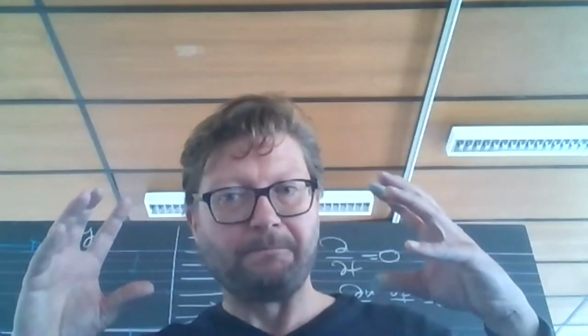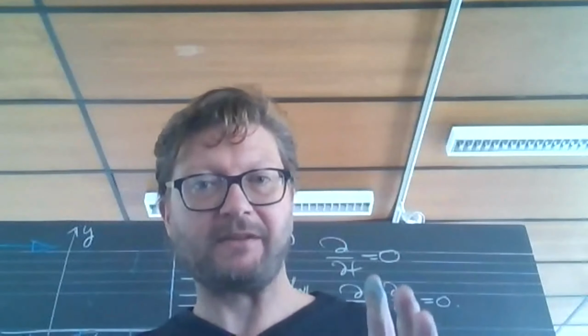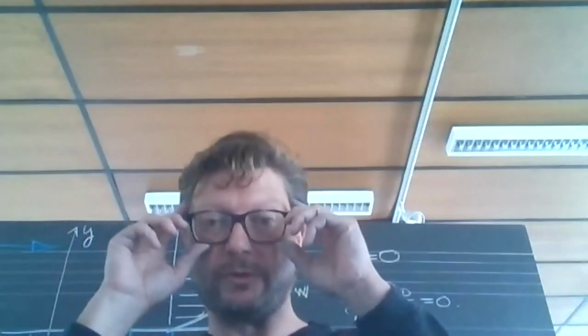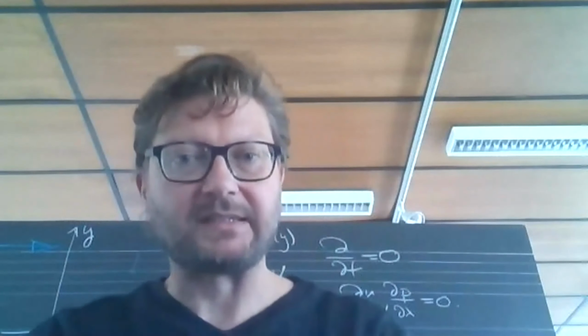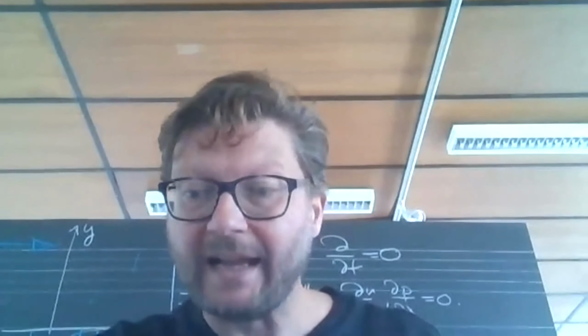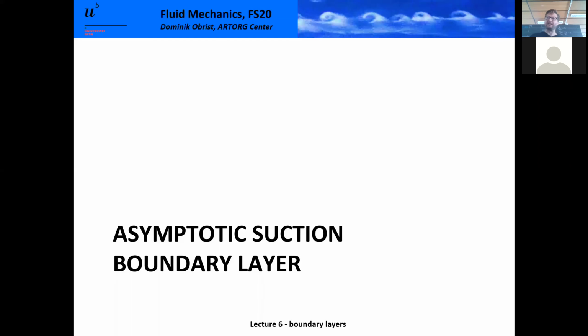It's very keen to remain laminar. Blasius boundary layers become turbulent at one point. Asymptotic suction boundary layers are very stable boundary layers. And that's something the airplane industry is using to reduce drag, because a lot of the drag on an airfoil is due to turbulent boundary layers.